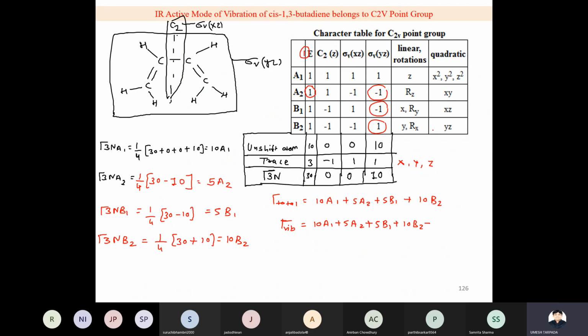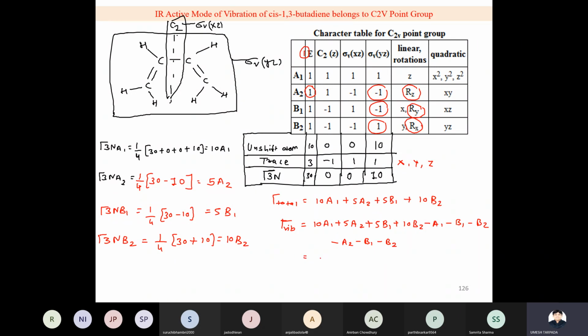First, minus translation. Translation means x, y, z, so A1, B1 and B2. Minus A1 minus B1 minus B2. And what about the rotational modes? That is minus A2 minus B1 and minus B2. For rotation you go for Rx, Ry and Rz. Whatever is written in front of Rx, Ry, Rz on the board, you can just subtract that. That is nothing but your rotational mode. So you are getting the vibrational modes.